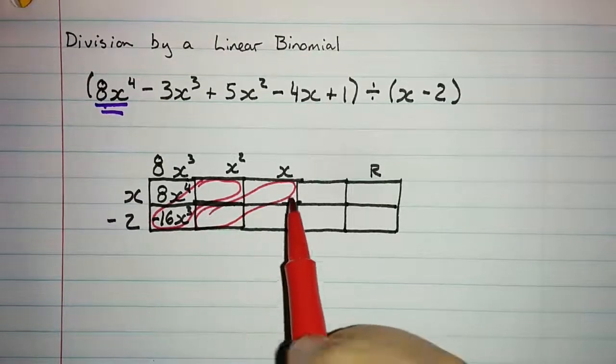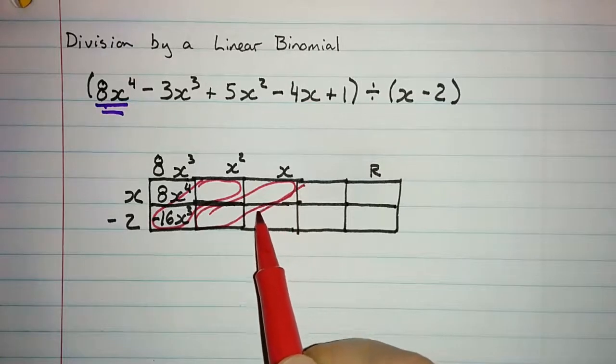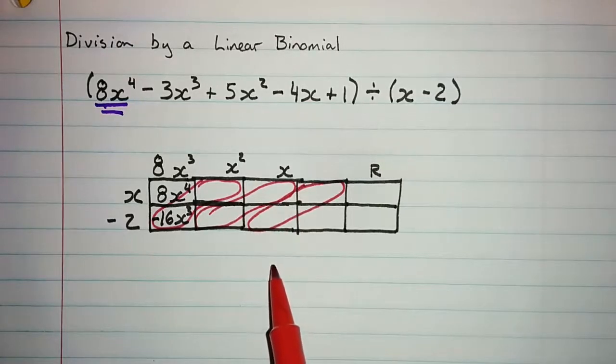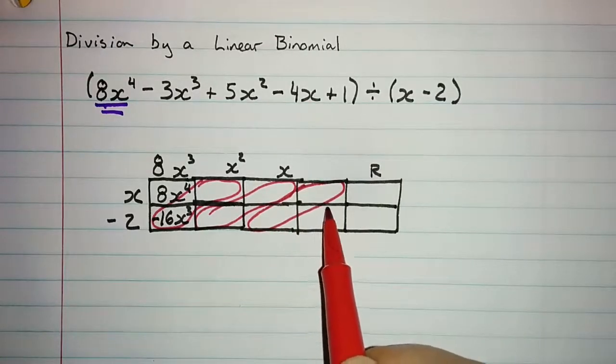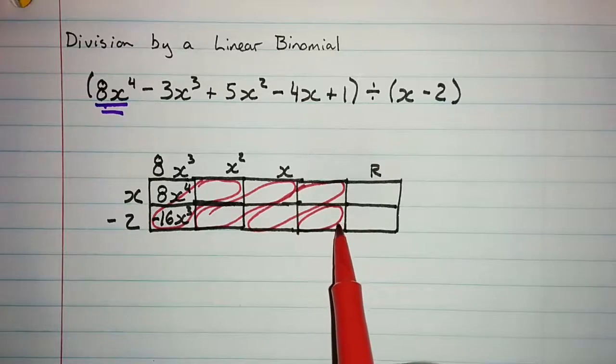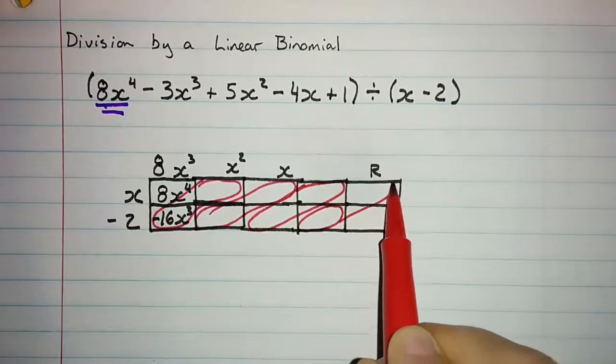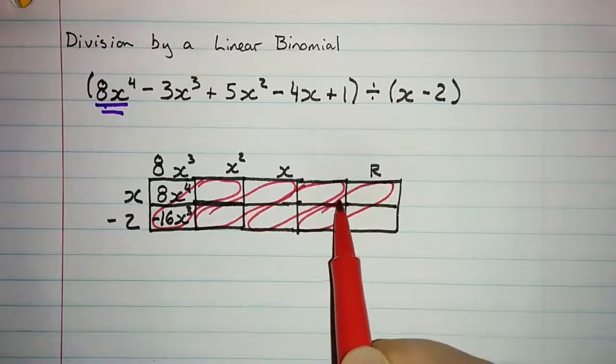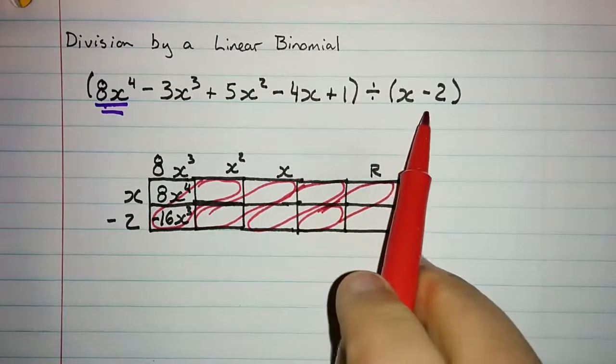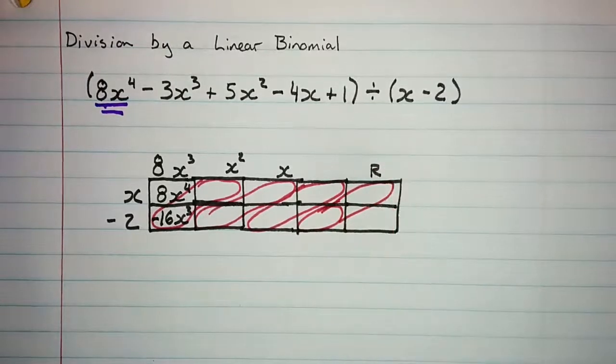This diagonal is going to have all my x squareds. This diagonal is going to have all my x's. This diagonal is going to have a constant. Oh, and my remainder has to be lower degree than this. So my remainder will be just a constant also.